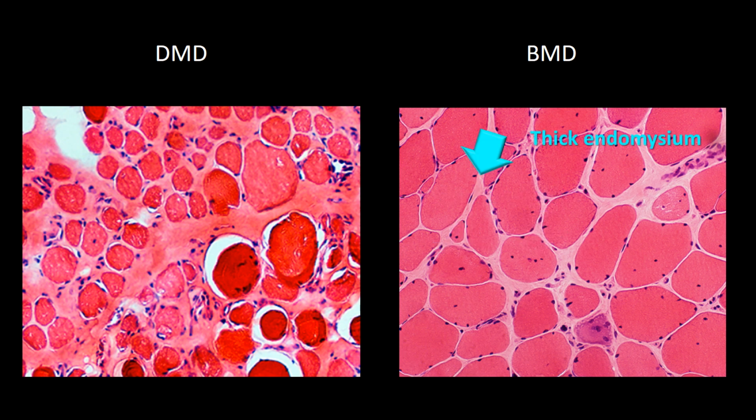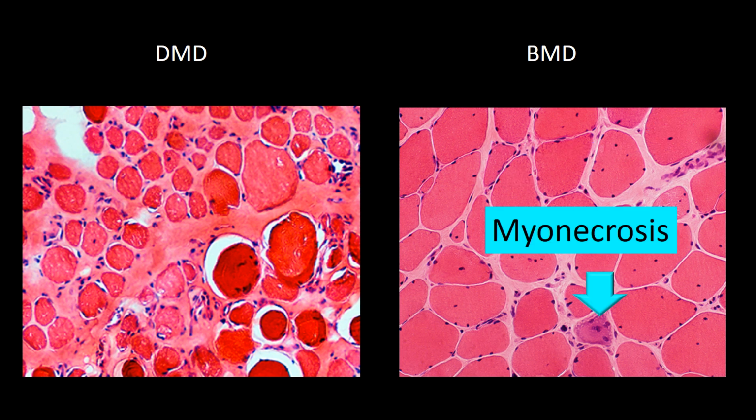The endomysium is thicker than normal and lacks linear quality. We also see inflammatory cells, and in this specimen we can see one area of myonecrosis indicated by the arrow. Hence, Duchenne muscular dystrophy and Becker muscular dystrophy differ in degree.